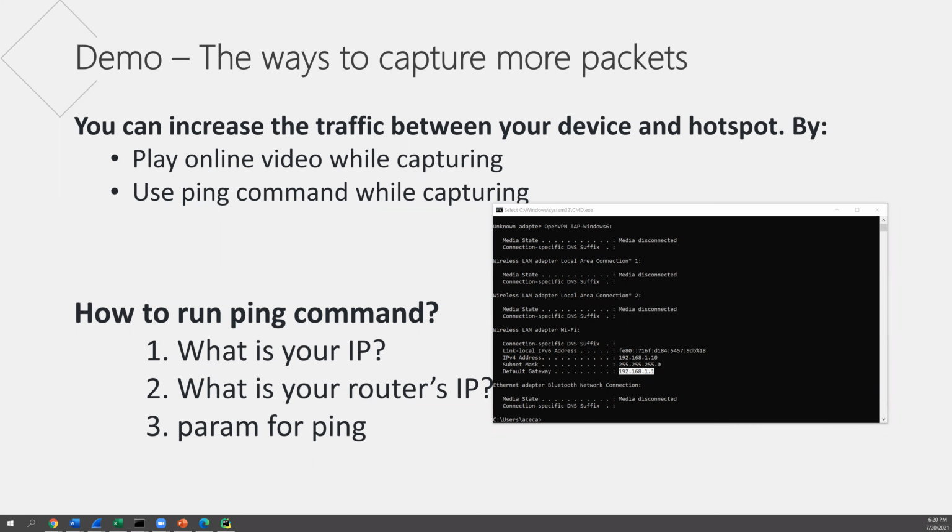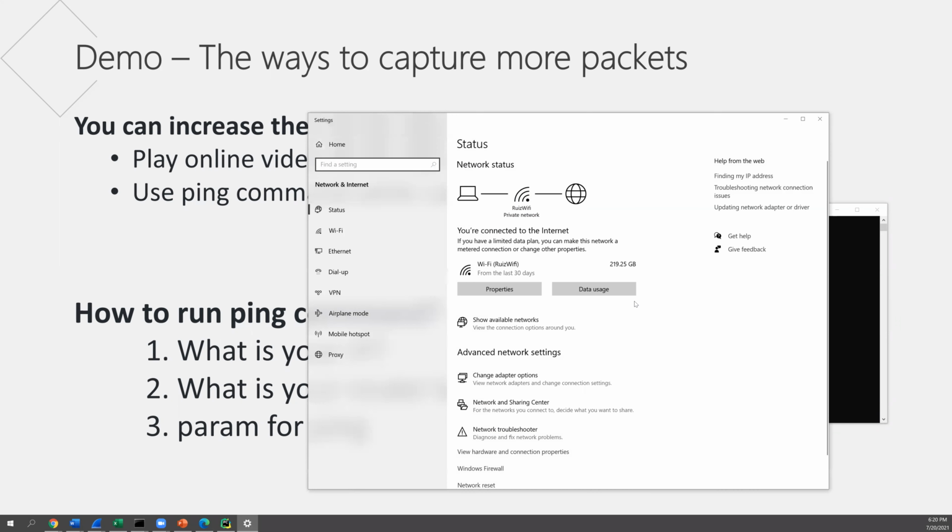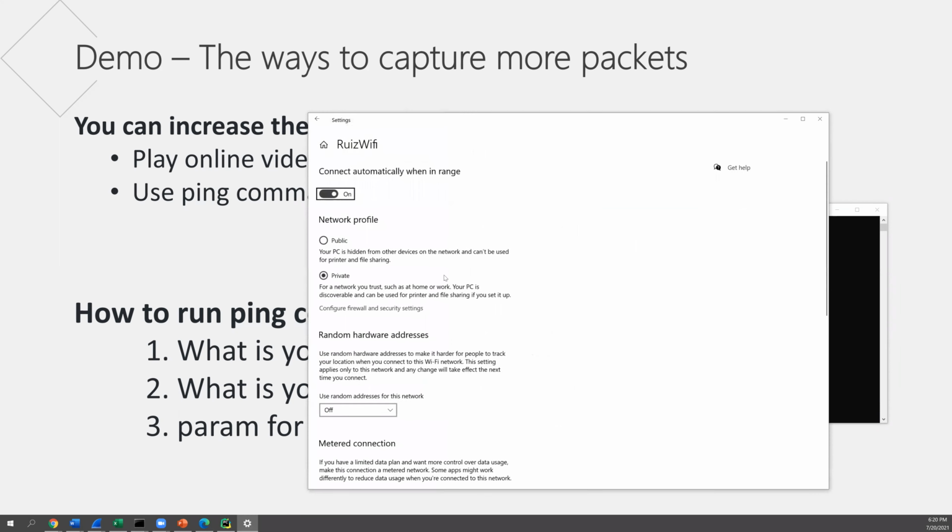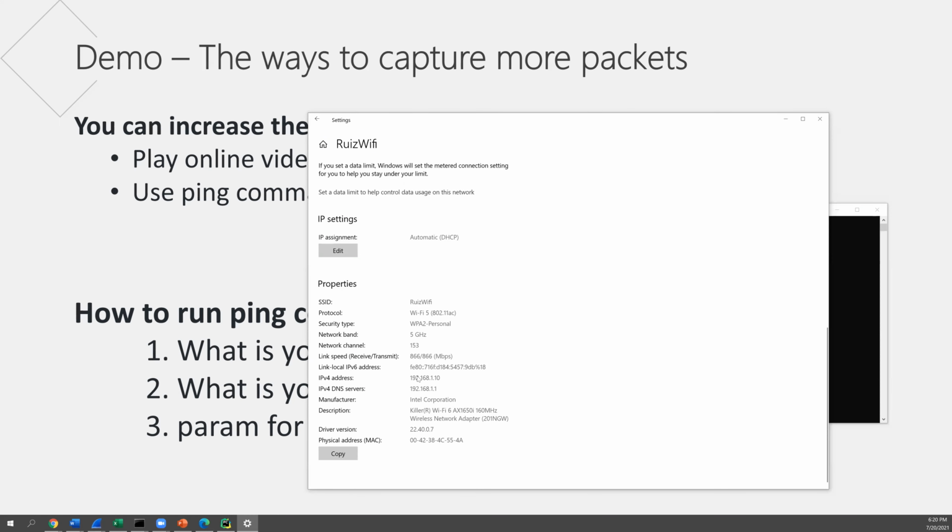You can also find the address by simply clicking the settings here. Network, I guess. Network status, something like this. Properties. Then you can find your IP address here.